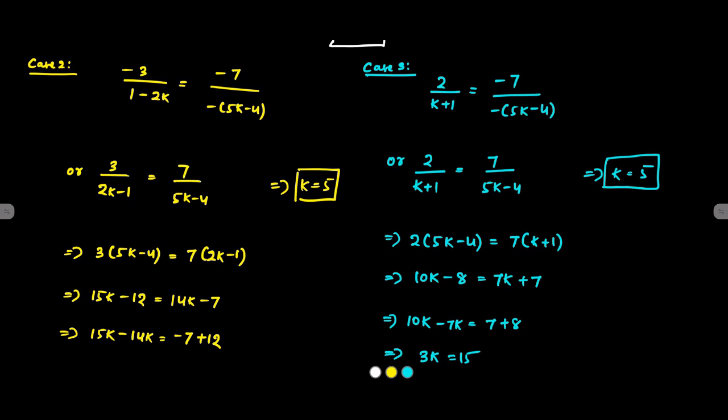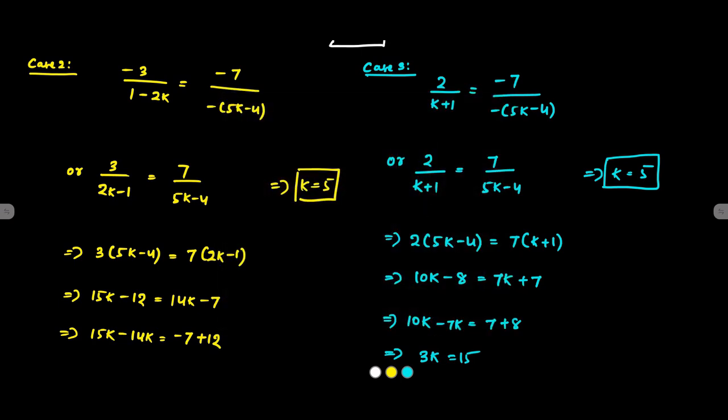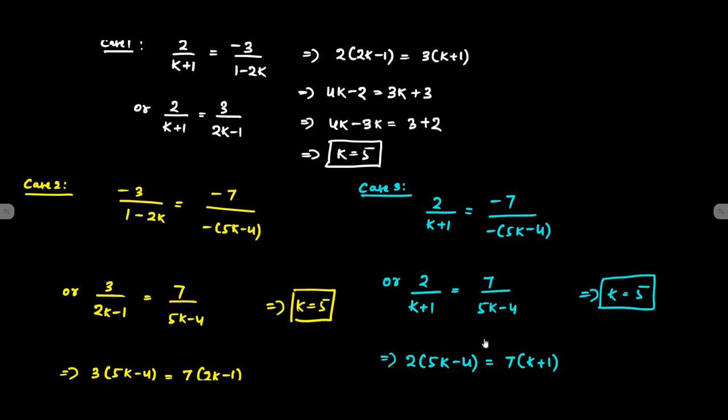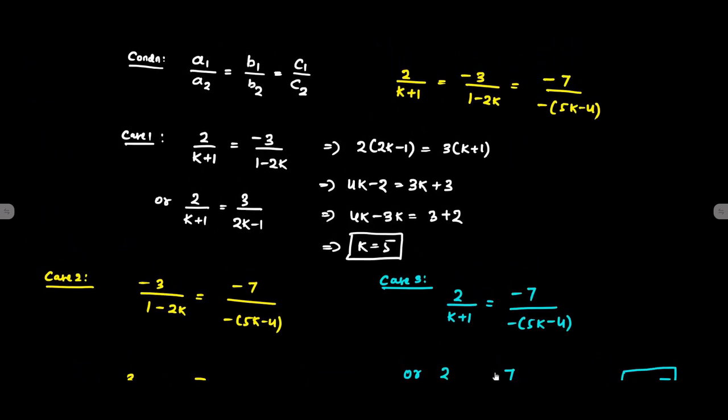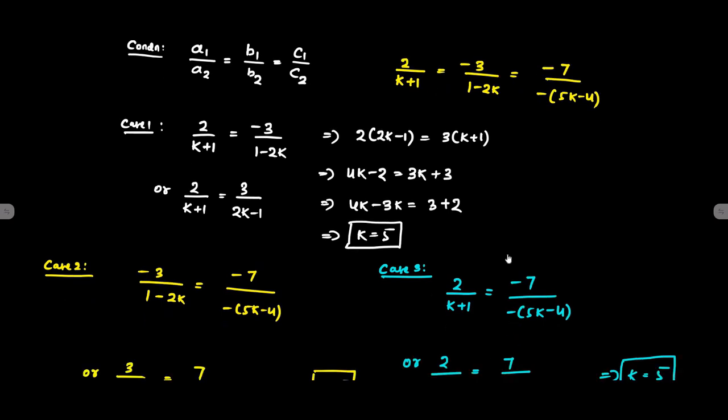So either way you go, you will get the same result. For k is equal to 5, the following system of linear equations will have infinitely many solutions. No matter which way you compare, a1 by a2 with b1 by b2, a1 by a2 with c1 by c2, or b1 by b2 with c1 by c2, you will get the same result, and you should be getting the same result.